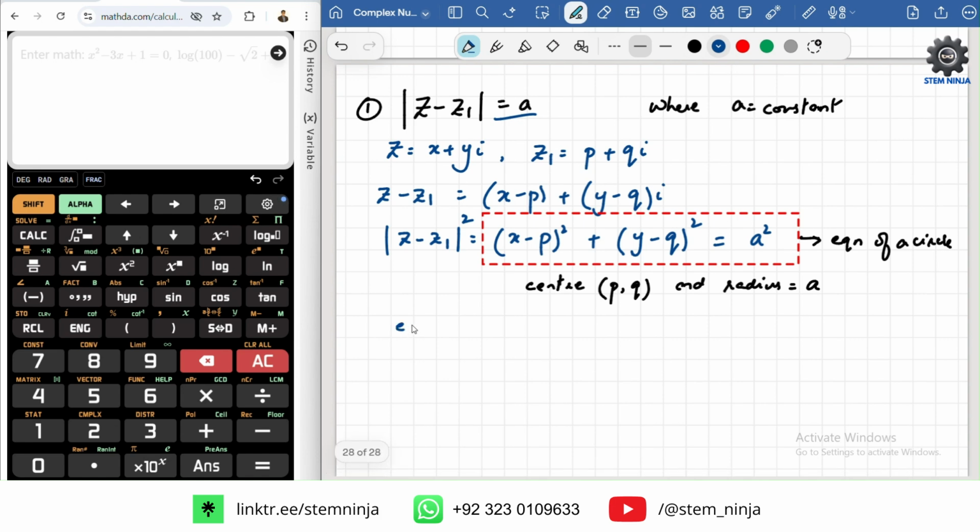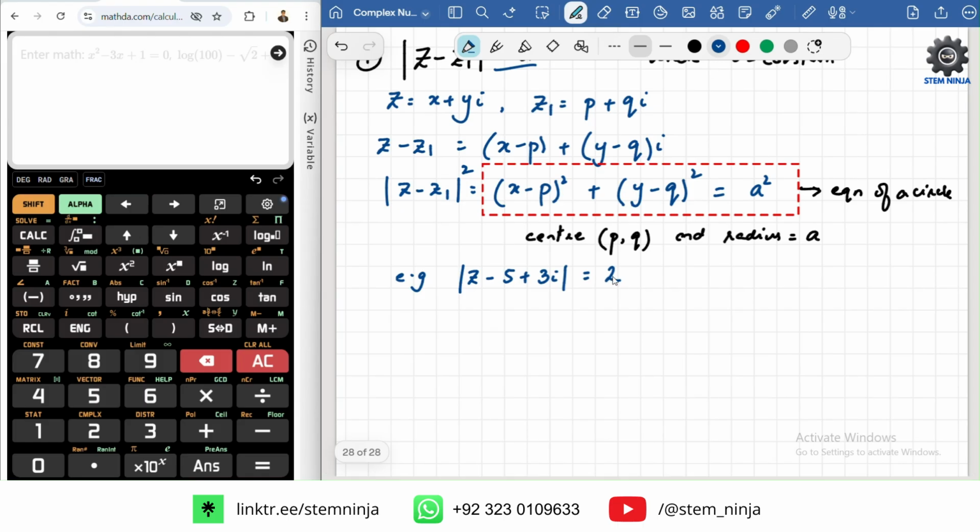So that would mean, for example, you have the modulus of z minus (5 plus 3i) equals 2, right? If we convert this into the equation of a circle, first off, remember the sign convention over here: this is like this, equals 2, and this is your center of the circle.